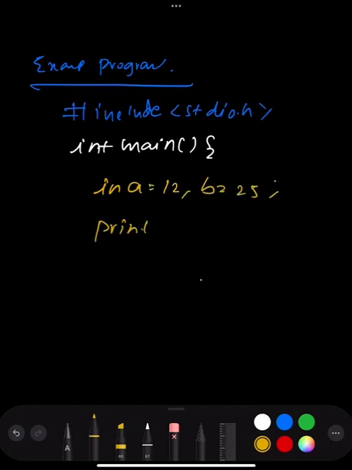Printf, output is equal to %d, comma a XOR b. Return 0. Okay, the output will be 21. Okay, we completed the three operators.